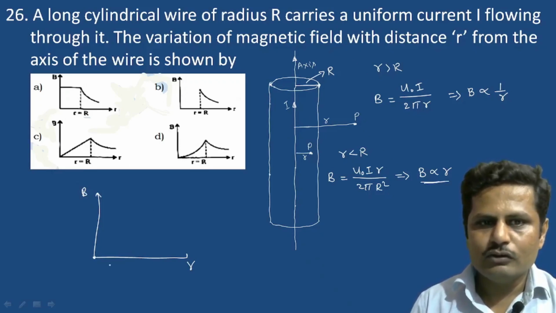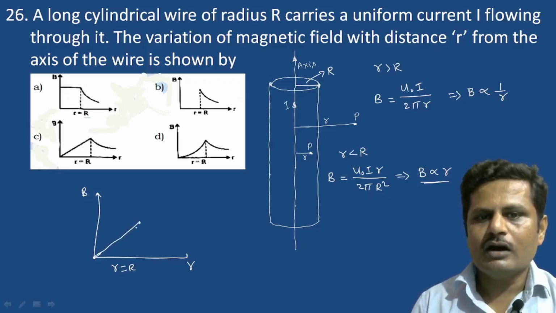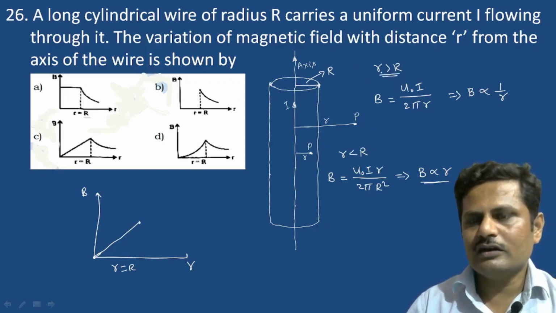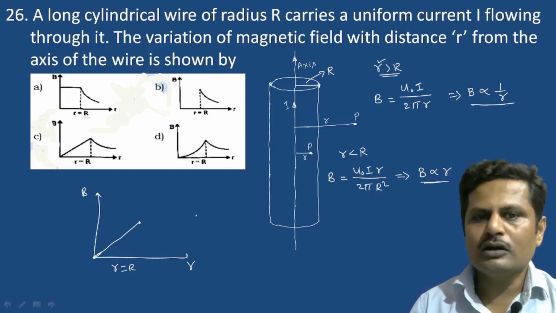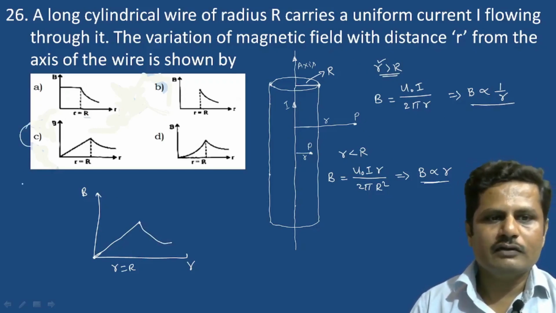So up to r equals R, the magnetic field goes on increasing. Therefore it is directly proportional, and for that reason we are getting a straight line graph. After reaching the surface, if r is greater than R, the point of consideration is greater than the radius of the wire, so B is inversely proportional to r, and therefore the magnetic field goes on decreasing. So option C would be the correct answer for this question.